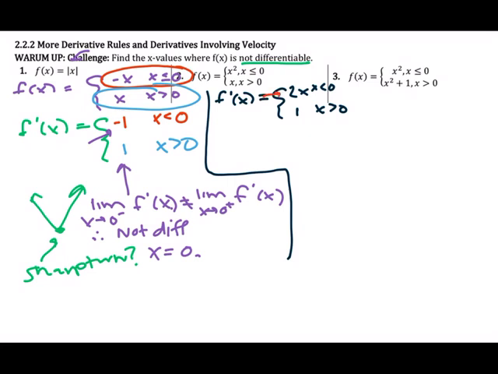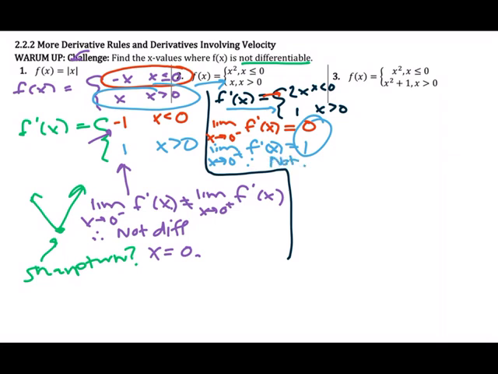If I look at the limit as x approaches 0 from the left of f prime of x, the derivative, if I plug 0 in there, I get 0. If I look at the same thing from the second piece, the limit as x approaches 0 from the right of the derivative, f prime of x, we get 1. These are not the same, therefore not differentiable when x equals 0.